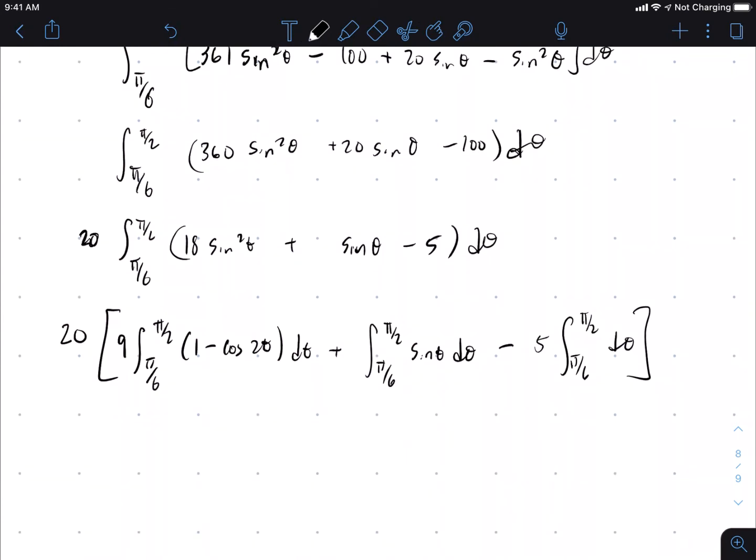Okay. Let's do this. So I'm going to get theta minus 1/2 sine 2 theta. All of that times 9. Agreed? Agreed.